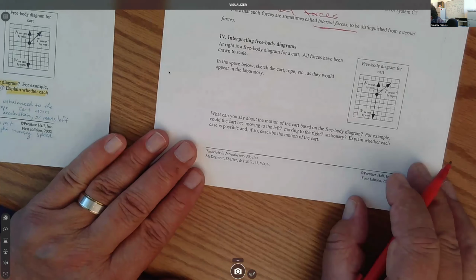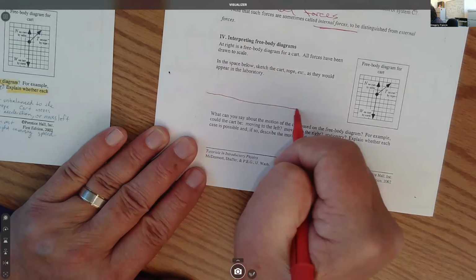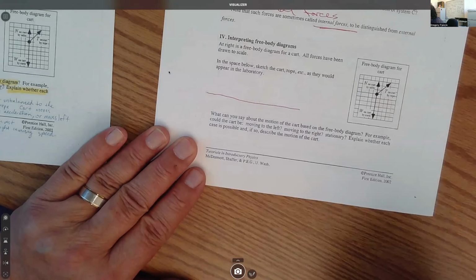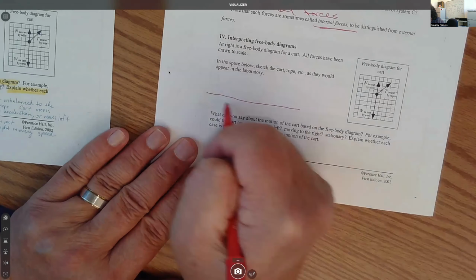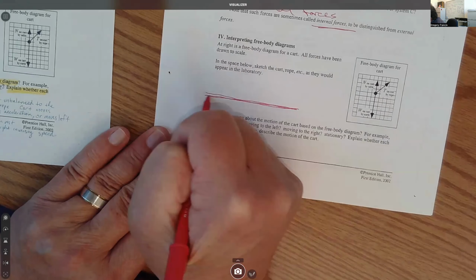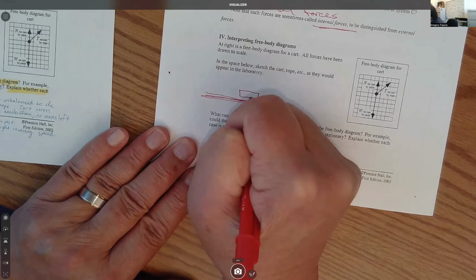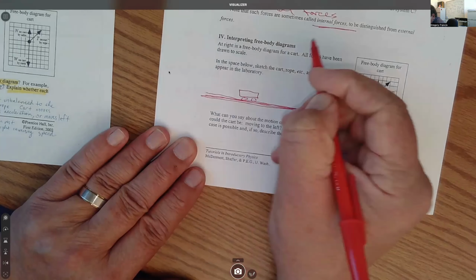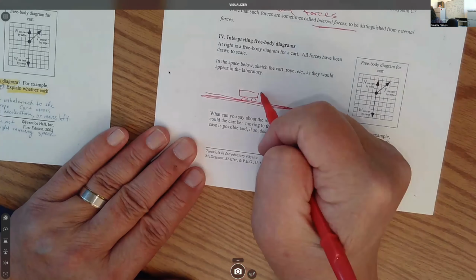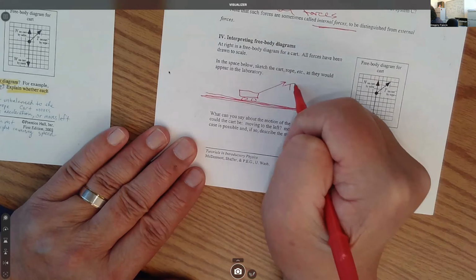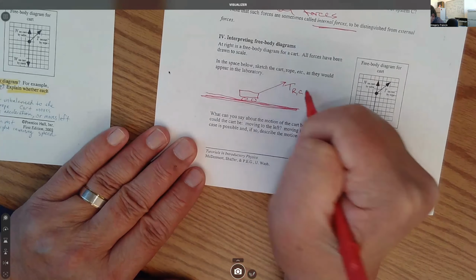Now, if we look at this free body diagram for this cart, I've got a level surface that doesn't look very level, and this cart is on that surface, and we have a rope pulling on the cart.